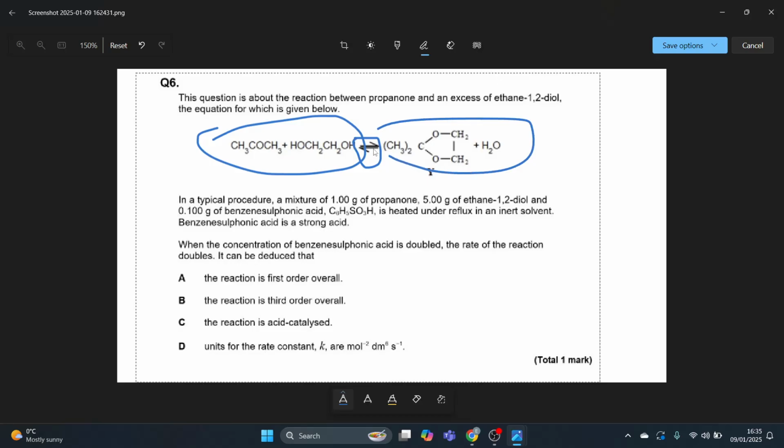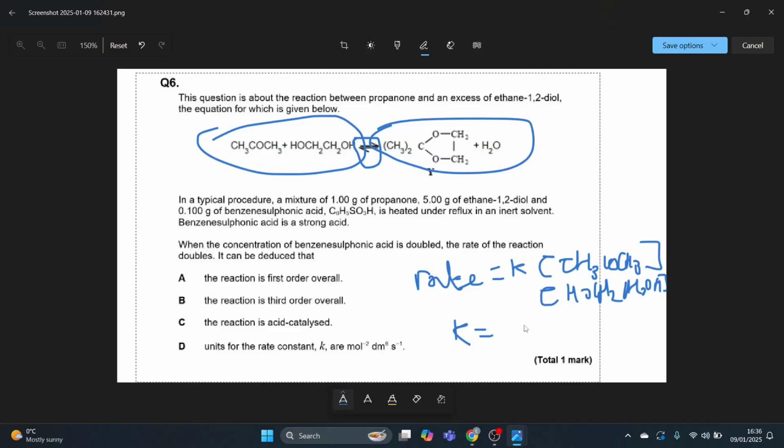And obviously we don't care about the products. So let's try to construct it. Rate equals K square brackets CH3COCH3, and then square brackets again, HOCH2CH2OH. Now if we rearrange that, we should get K equals rate divided by that.